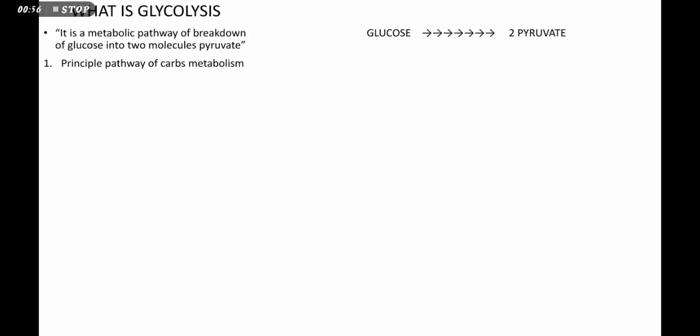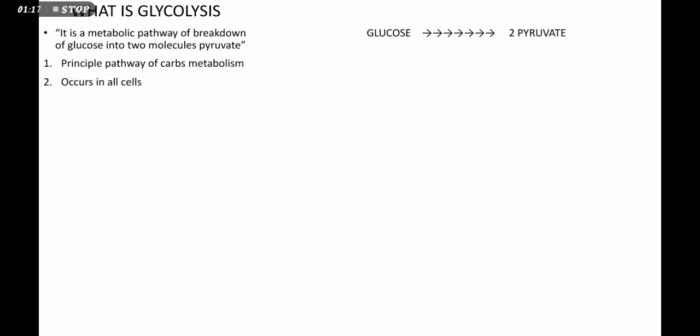Next point, principal pathway of carbohydrate metabolism. For glucose metabolism, glucose must undergo glycolysis because it is the first, principal pathway for glucose metabolism, so it can be used for energy.